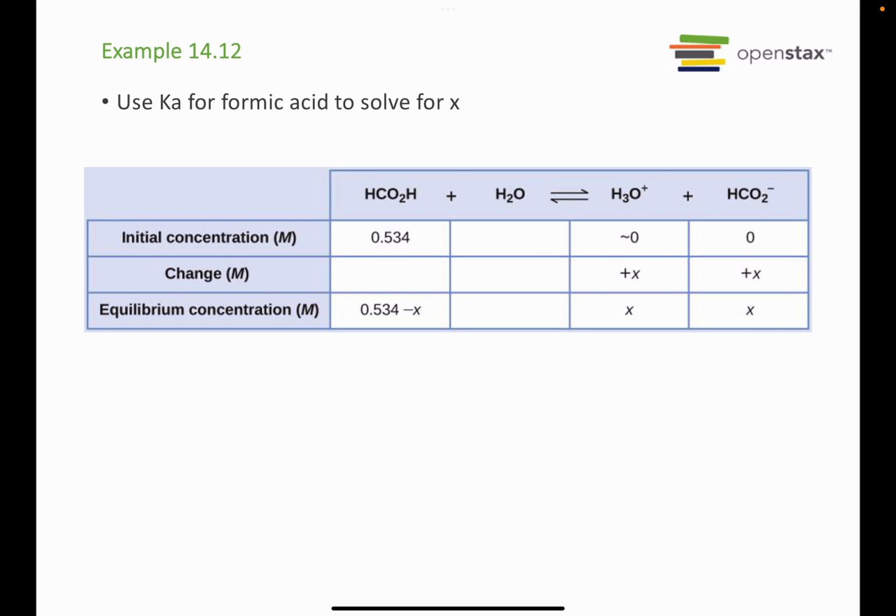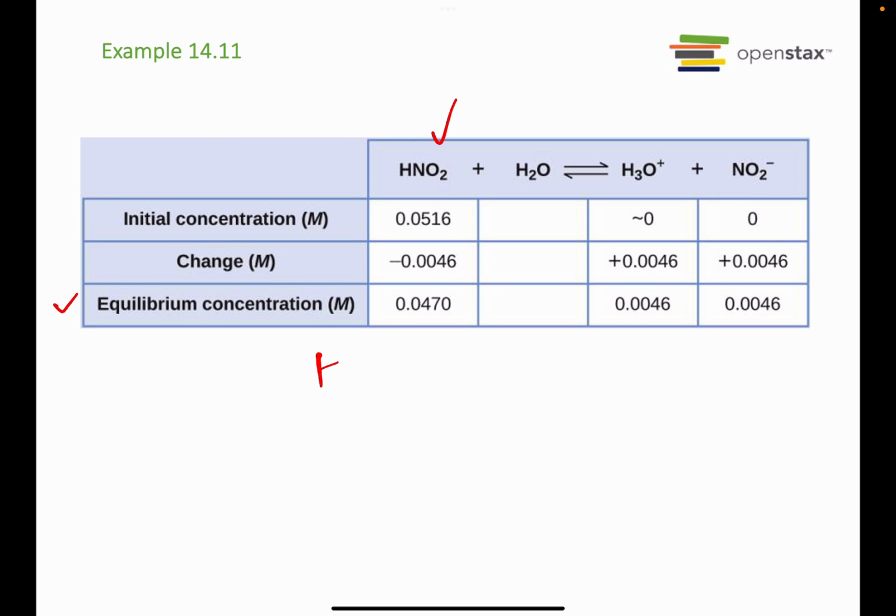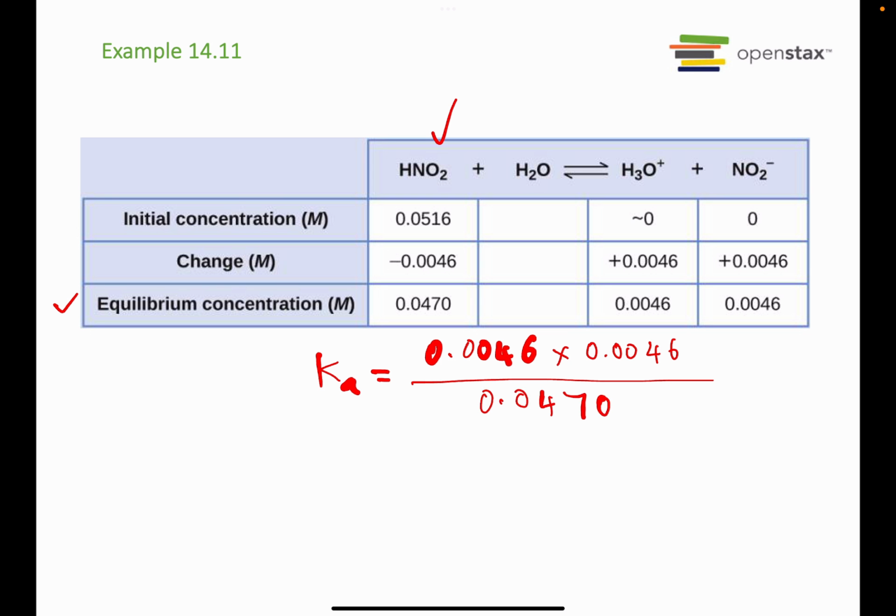Now, to solve for Ka in this case, we take 0.0046, that's the product, times 0.0046, that's another product, divided by 0.0470. Okay, so you put it in your calculator, that's the Ka.